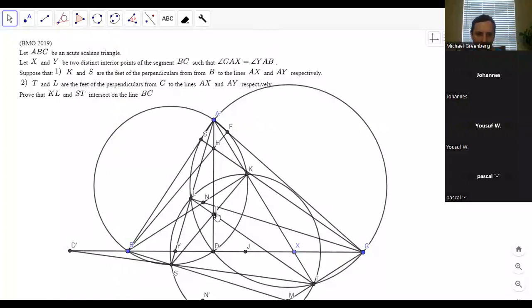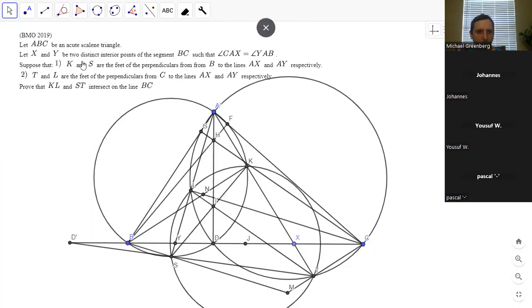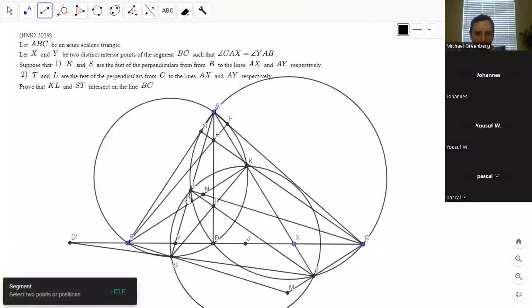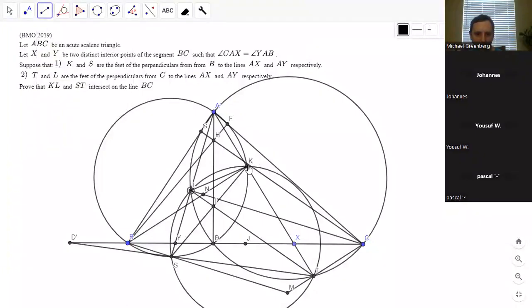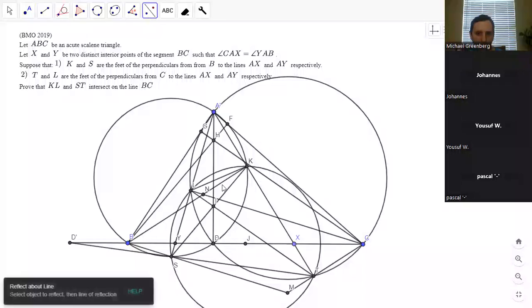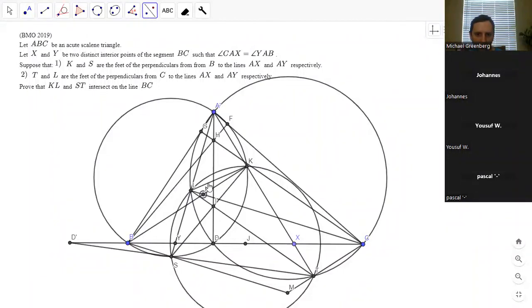Well, what's angle I? Angle SIT, or reflection with respect to KL, not BC. Okay. So IN and IN prime.